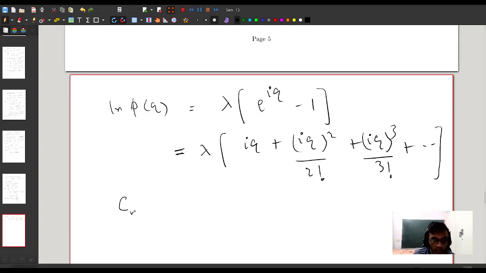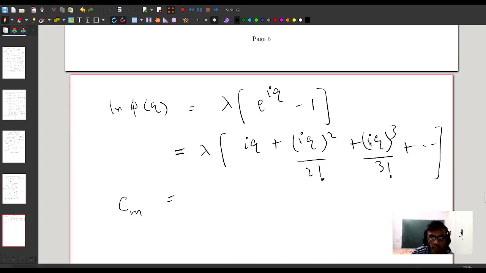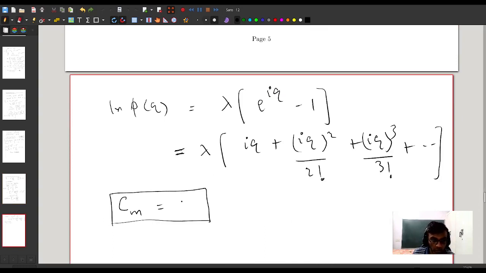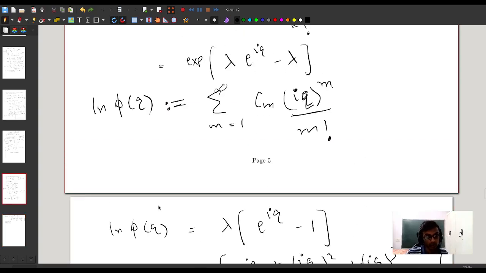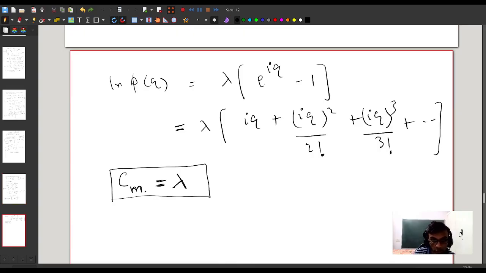We can read off the coefficients here. All these coefficients are just 1, and there is a lambda in front. So all these cumulants are simply lambda. The Poisson distribution is characterized by this property that all the cumulants are equal for all m.